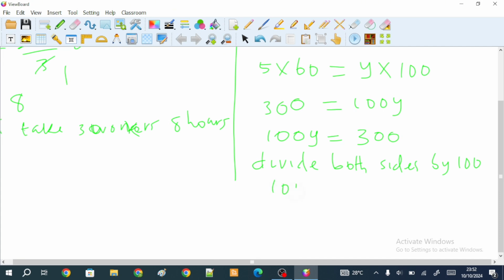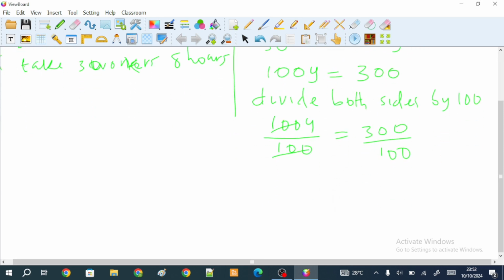So on the left side, we have 100y all over 100 is equal to 300 all over 100. So 100 can divide 100 on the left side, leaving us with 1y, which we write as y is equal to, if 100 divides 300, we'll have 3, because 100 times 3 is 300. So y is equal to 3.